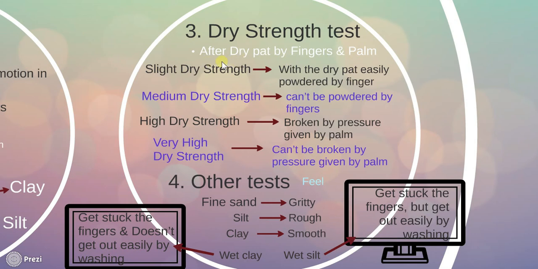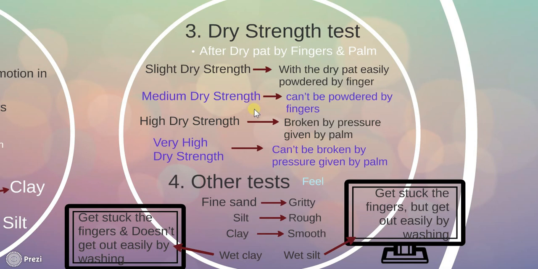Now let us go to the feeling or the behavior of the soil. If the dry pad can be easily powdered by fingers, then it is slight dry strength. If the dry pad cannot be powdered by fingers, then it is medium dry strength.